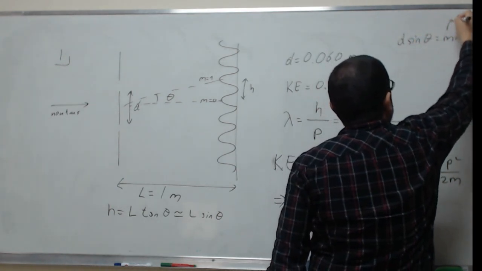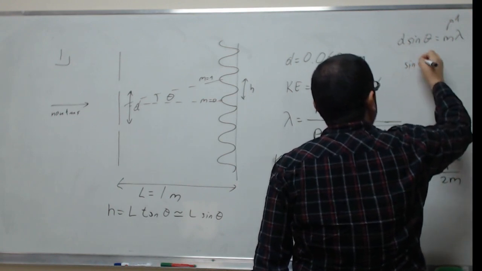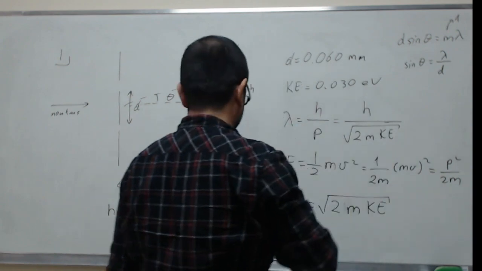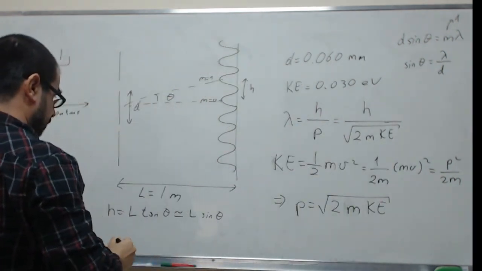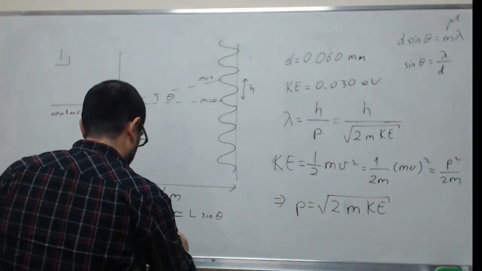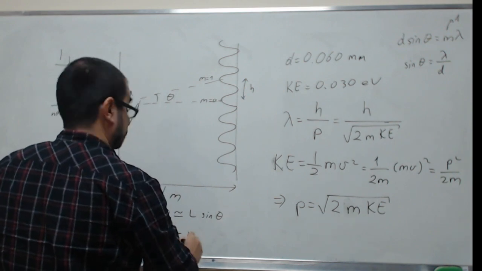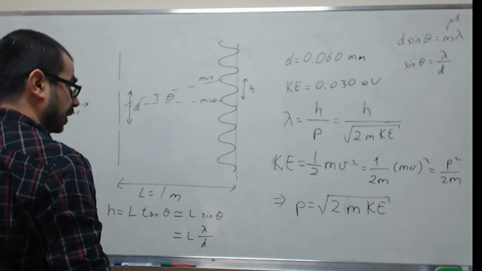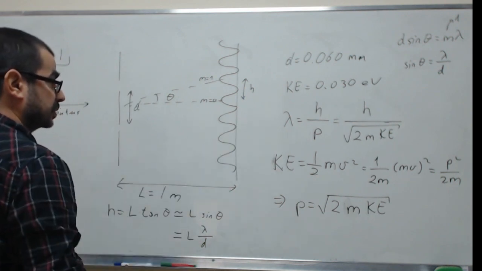Our m here is 1, so sine theta is just lambda over d. Okay. So this is going to be L lambda over d, and lambda is going to be given by this expression.